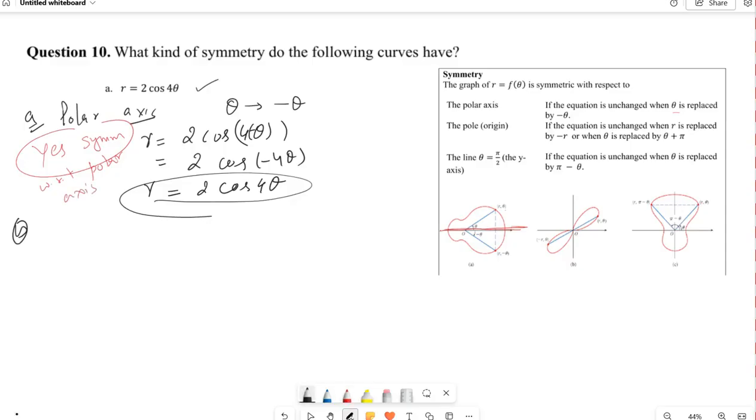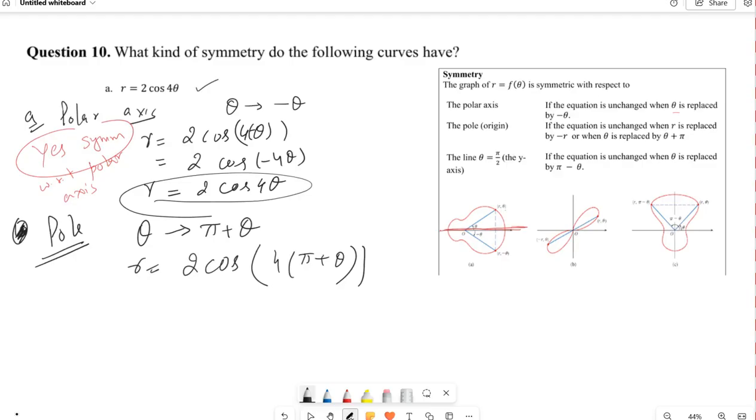Let's try the same equation with respect to the pole, which is the origin. To do that, you need to change theta to pi plus theta. So r is equal to 2 cosine of 4 times pi plus theta. That's 2 cosine of 4 pi plus 4 theta.